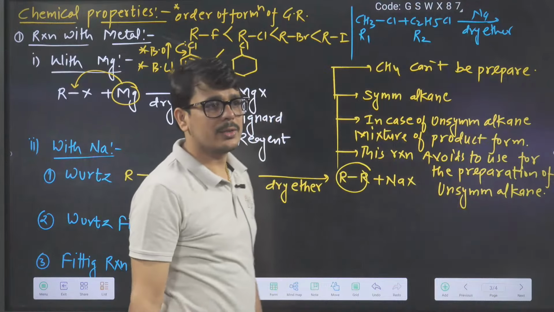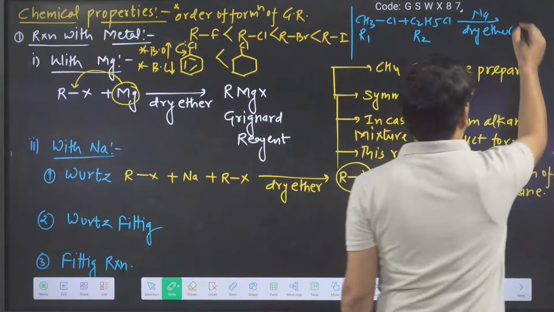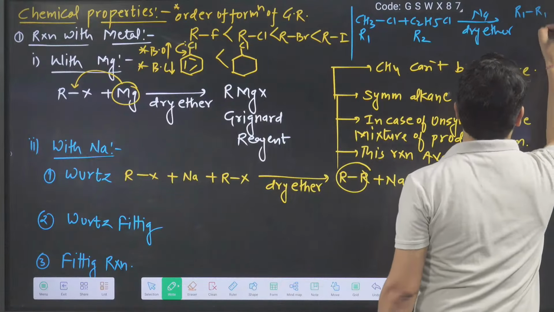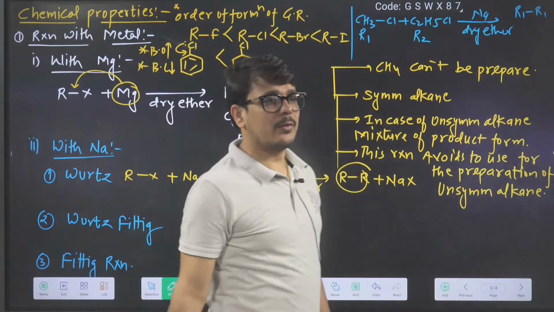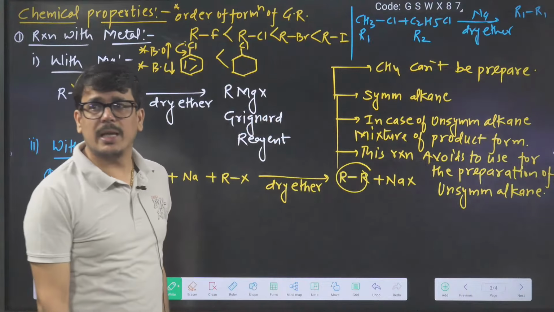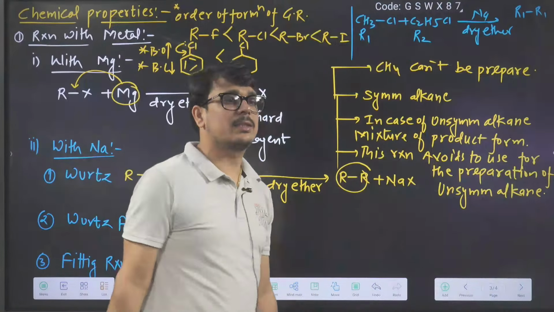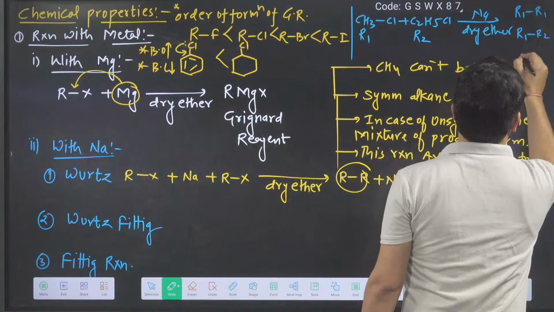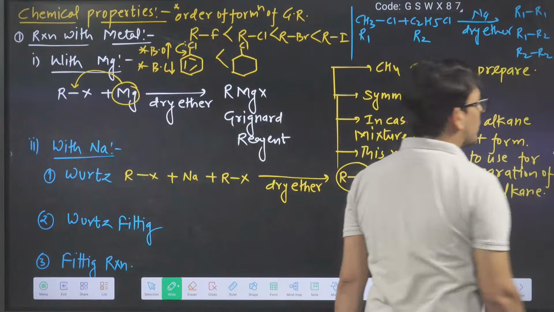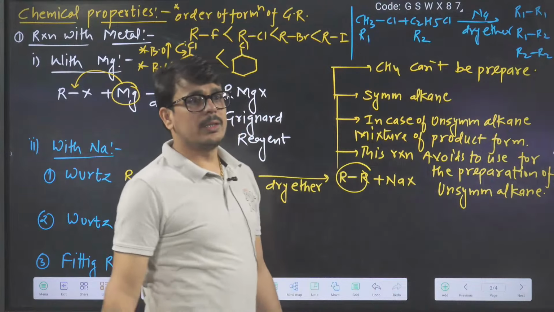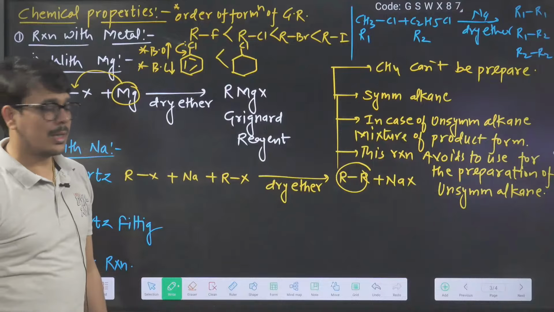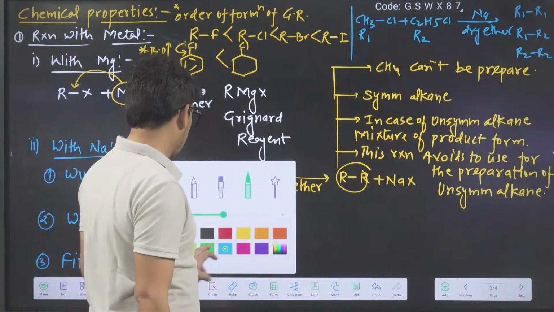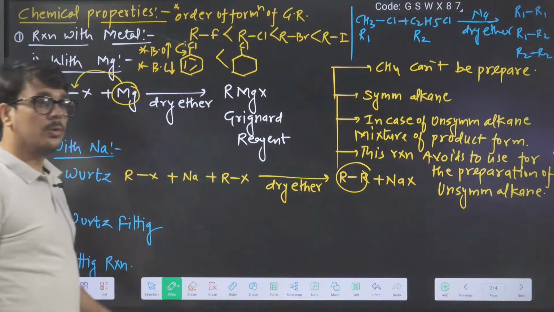Easy to get like that, yes or no? So first possibility, R1 with R1. Can I say this is ethane? R1 R2, or R2 R2. These are the possible combinations or not? Clear to everyone? Yes or no?